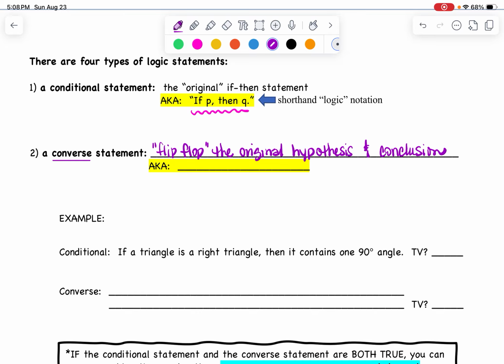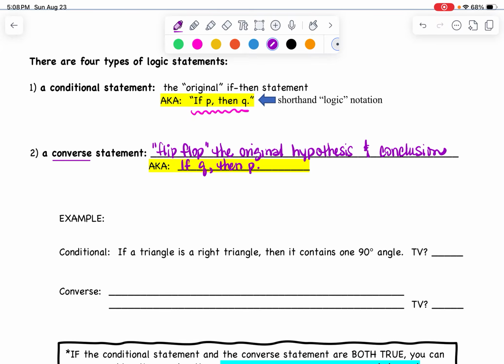Okay, so they just switch places, right? And so I like to remember that with flip-flop. Flip-flops are shoes. Converse are shoes, so that's kind of how I help myself remember that. So we flip-flop the original hypothesis and conclusion. So if the original conditional statement is if P then Q, then my converse statement would be if Q then P. Okay, so we just take the statements and we reverse them.